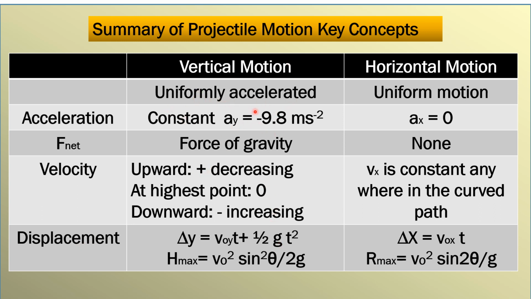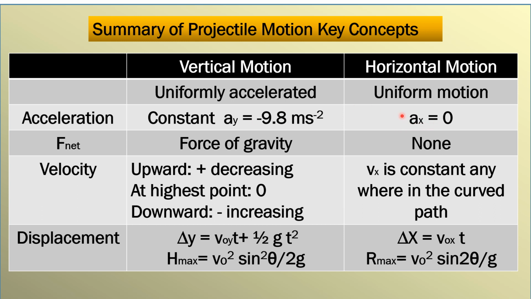We say that the type of motion involved is uniformly accelerated, while for the horizontal component, it is characterized by uniform motion. And for acceleration, we say that the vertical acceleration is always constant, and that is equal to negative 9.8 meters per second squared, while the horizontal component of the acceleration, ax, is equal to 0.